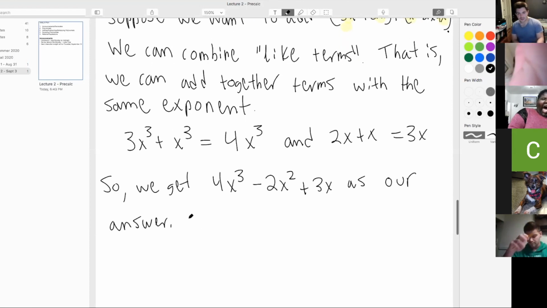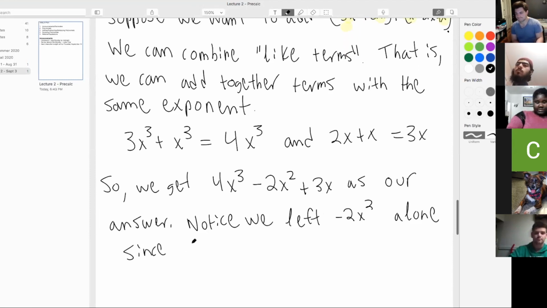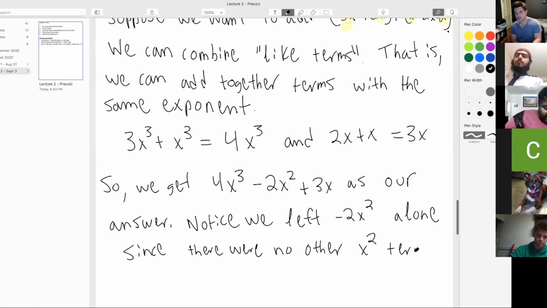Just a quick note: notice we left negative 2x squared alone since there were no other x squared terms.